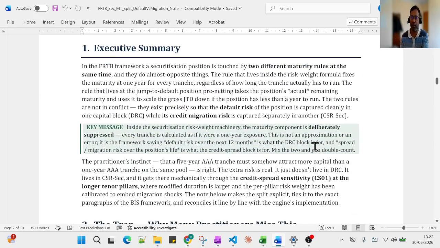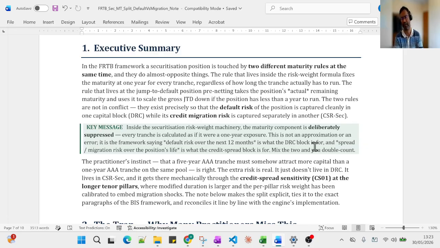So there are two things. If you remember, in one previous session I stated that this is applicable for all securities in your default trading book for which default risk charge is applicable. For example, for non-securitizations, if the maturity of your security is less than 1 year, then the gross jump to default exposure has to be scaled.